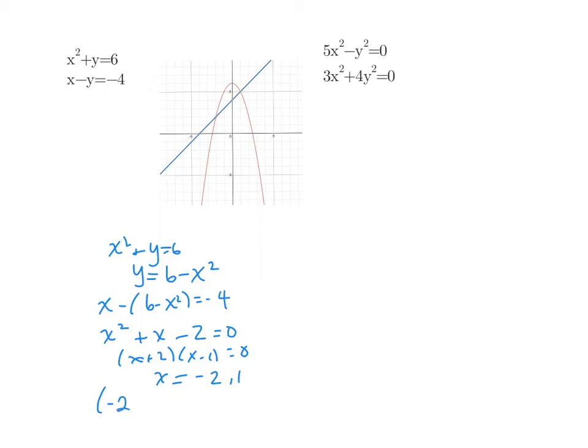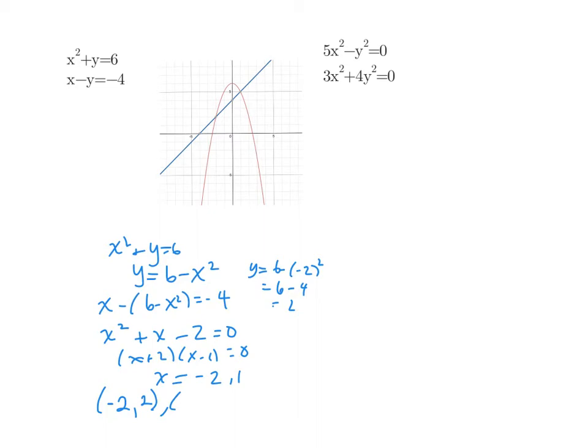X is -2. And when x is -2, we can plug in: y equals 6 minus (-2) squared, which is 2.